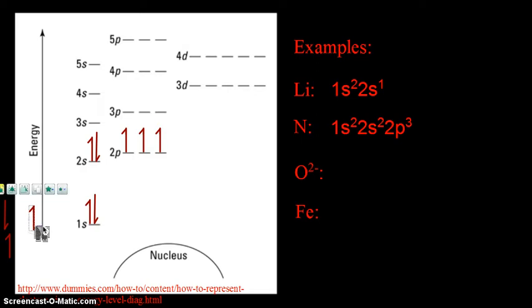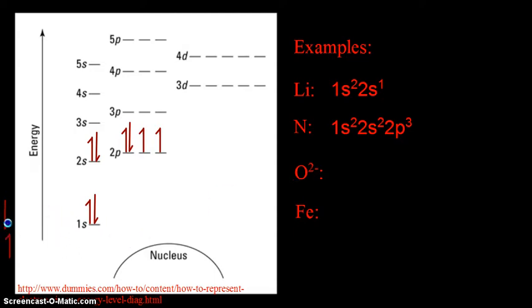So normal oxygen would have just 1 more, but since this is O2 minus, it has 2 additional electrons, because remember the way you become an ion is for every negative charge you have to have an extra electron.